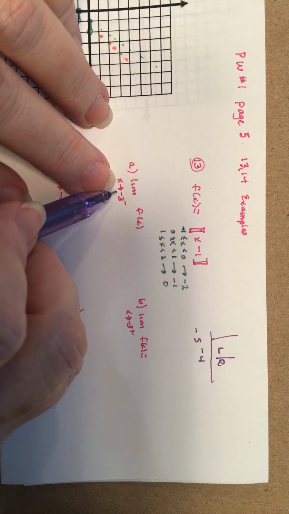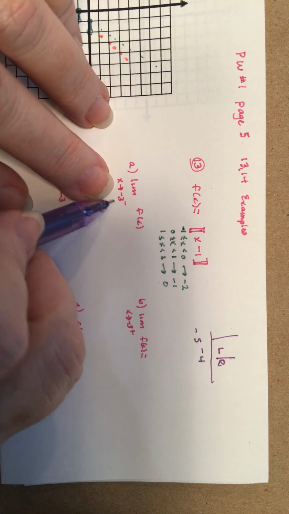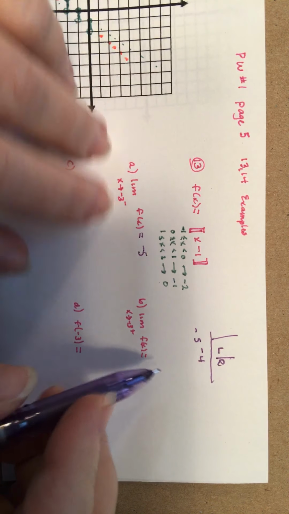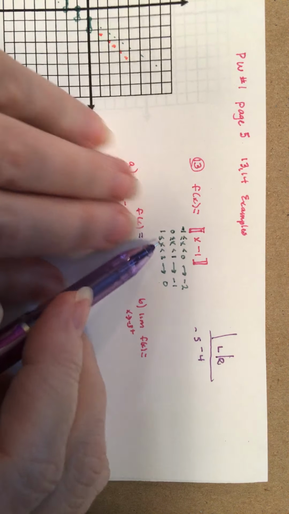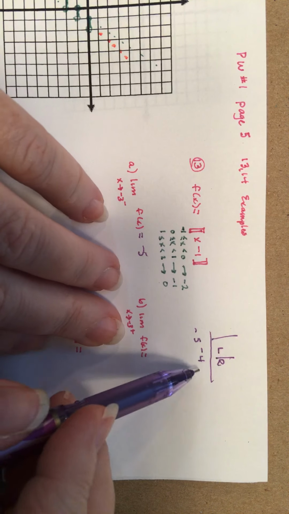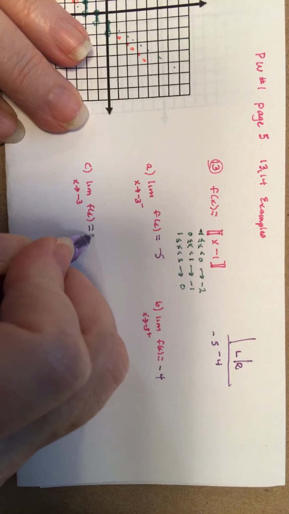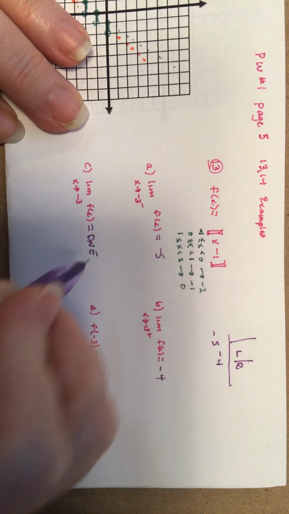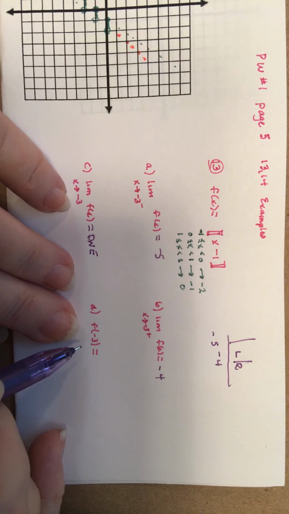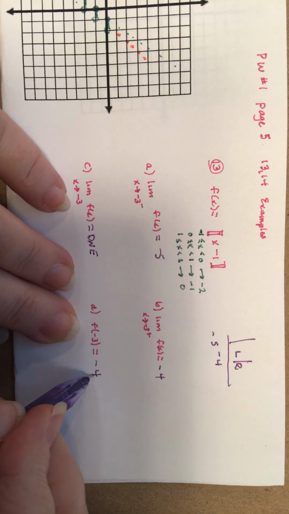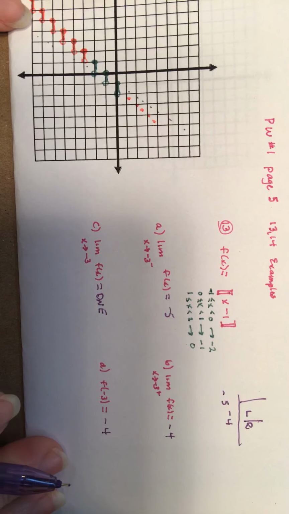So to the left of -3, the answer is going to be -5. To the right of -3, the answer is going to be -4. These are not equal, so it's D and E. And f of -3 is just the plug-and-chug answer, which is -4.